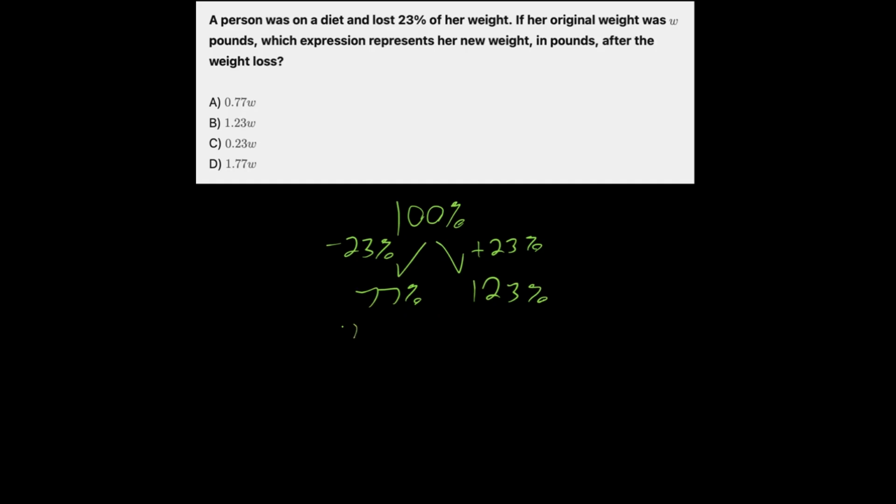In decimal form, this would be 0.77 and this would be 1.23. So because this question involves a loss of 23%, it's going to be this one. We're going to be taking our number W and multiplying it by 0.77, which is answer choice A here.